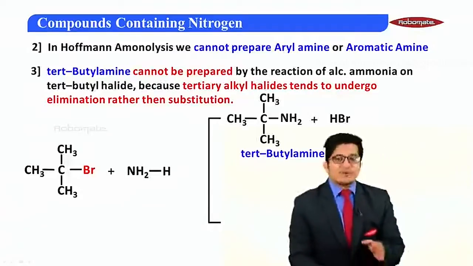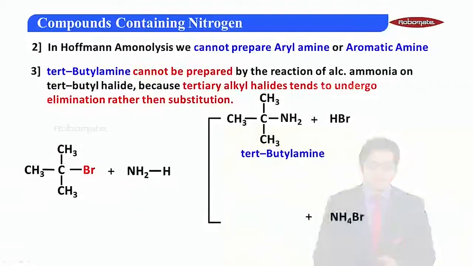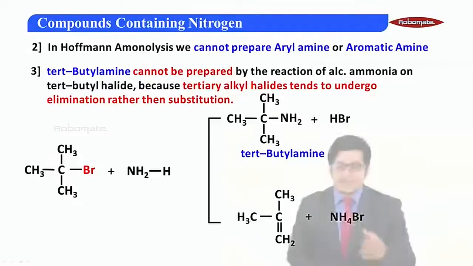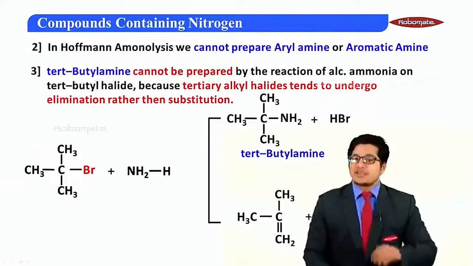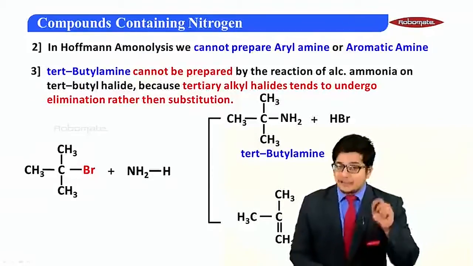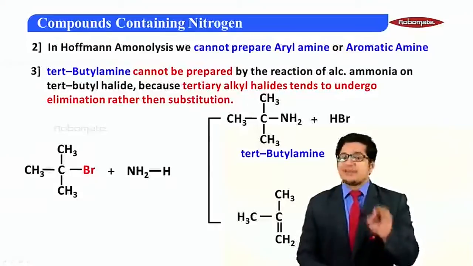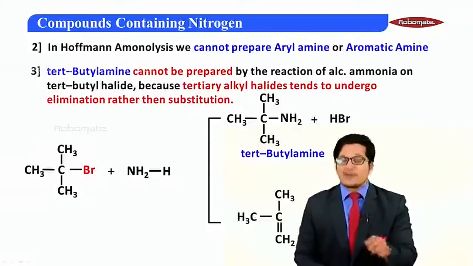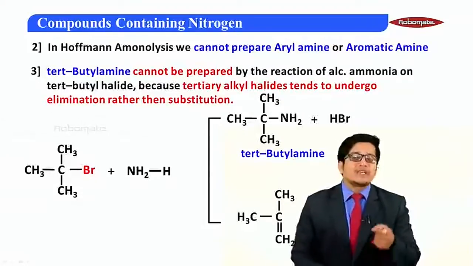When this NH4Br is formed, you obtain the corresponding alkene, 2-methylpropene. So here the substitution reaction was not preferred, elimination was preferred, and because of this, tertiary butyl amine would not be formed, or rather it would not be the major product.